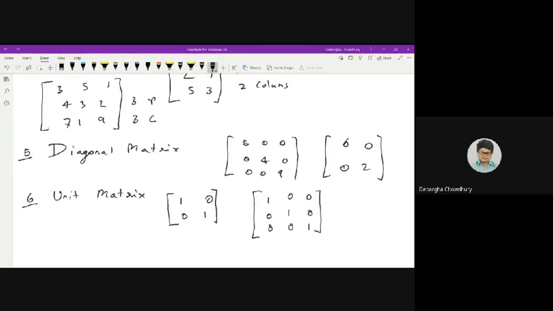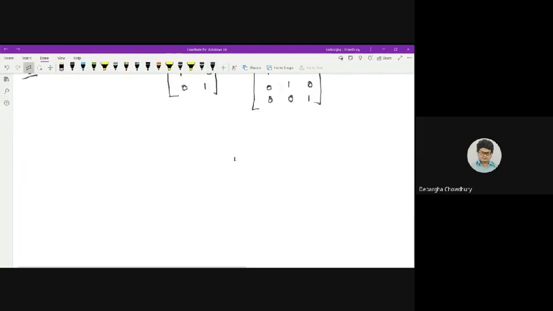Very nice. Now, we would learn about certain operations on matrices. Let us learn how we add two different matrices. Addition of matrices.